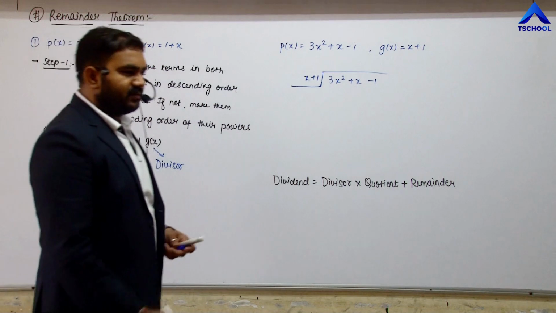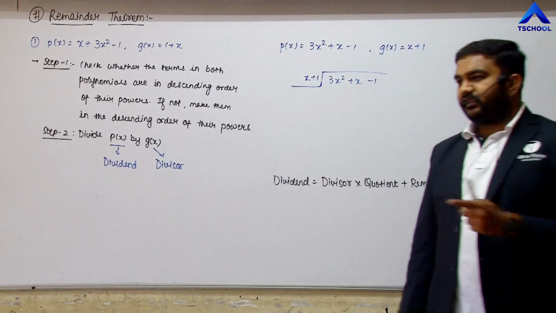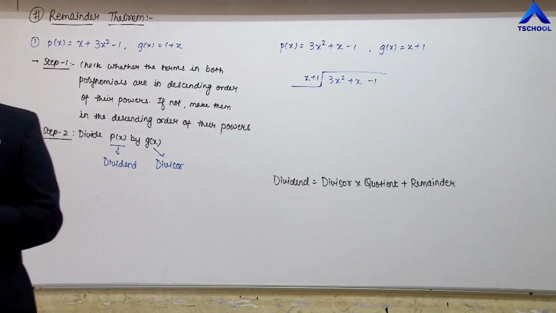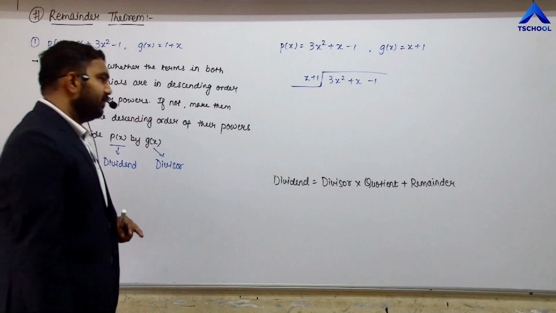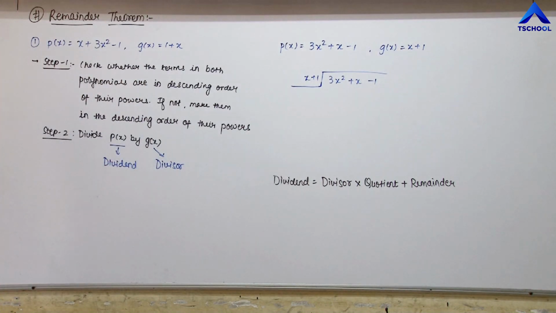Now how to perform the division here? Note that friends, here we shall look for the first terms of both the divisor and the dividend polynomials. Now see, here I have written only the dividend and the divisor, but note that friends, this dividend in this example is actually a polynomial, so we cannot simply write it down as dividend.